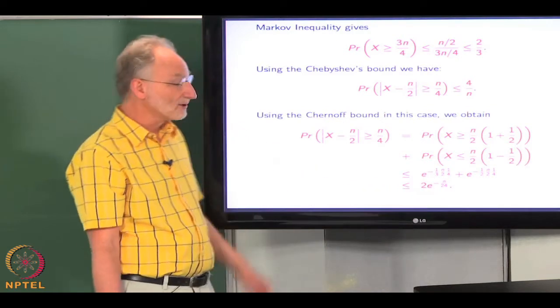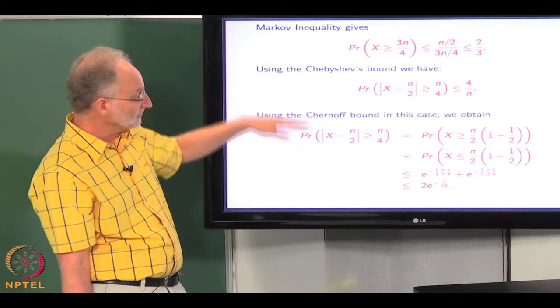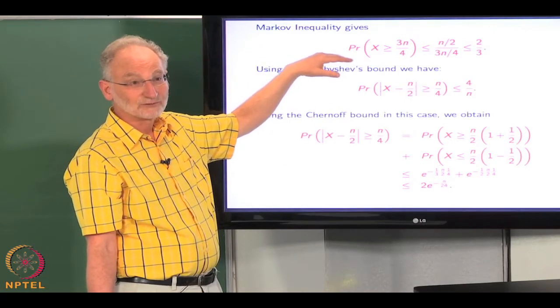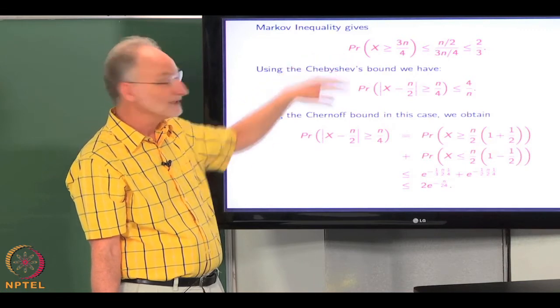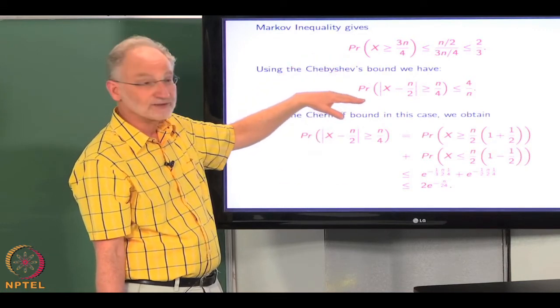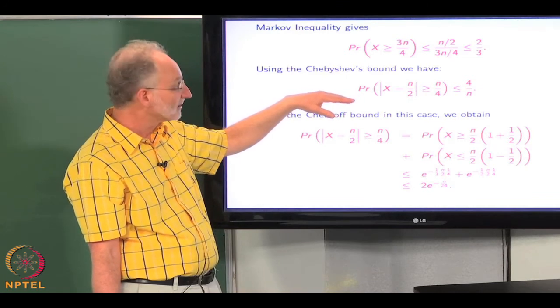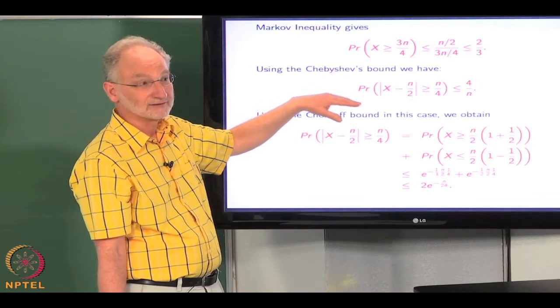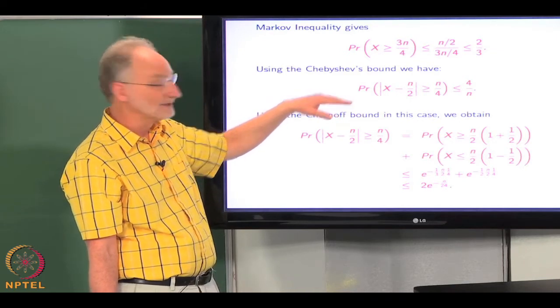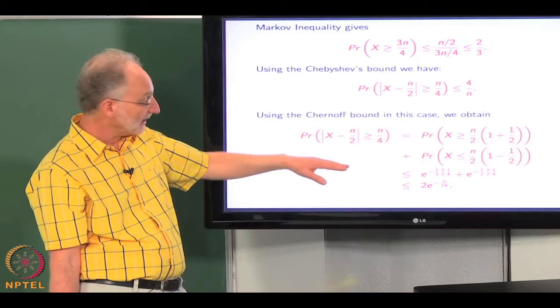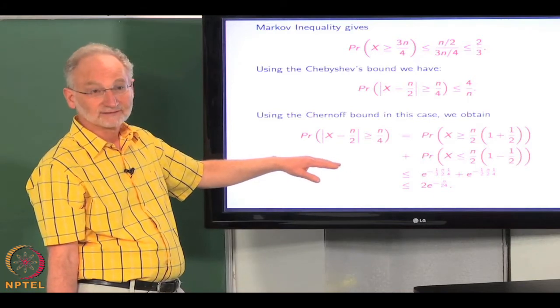So going from one to the other, we started with a bound that doesn't even go down to 0 as n goes to infinity. Then Chebyshev gave us a bound that goes down to 0 as n goes to infinity, but as 1 over n, or inverse linear. And then we get a bound that goes down to 0 exponentially in n.